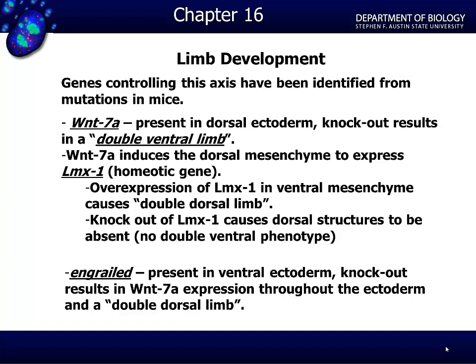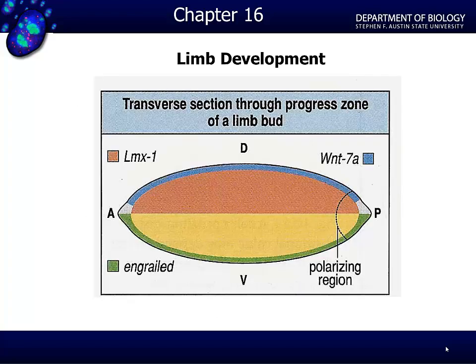If we knock out engrailed, then Wnt 7a is expressed in both dorsal and ventral, and we get a double dorsal limb. So it appears that Wnt 7a might be the default pathway, and engrailed might be a means of inhibiting Wnt 7a to allow for the expression of ventralized structures.